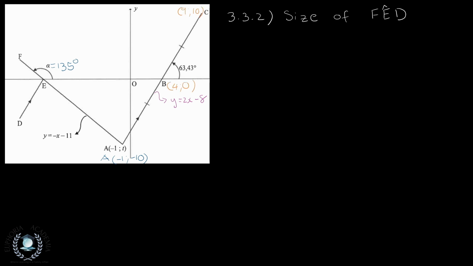For 3.3.2, we're asked to find the size of the angle FED. On our diagram, we need to see what exactly we're speaking about, and we will find that the angle we're meant to look for is this angle right here.